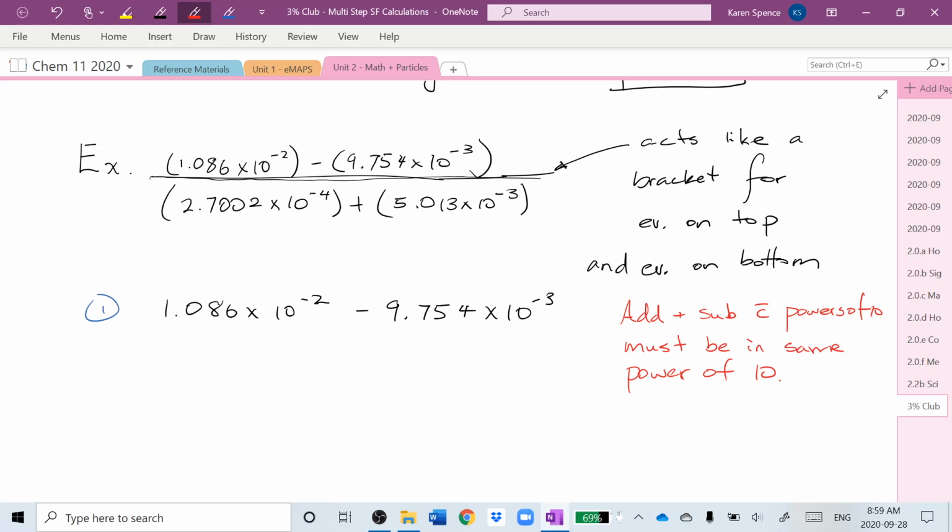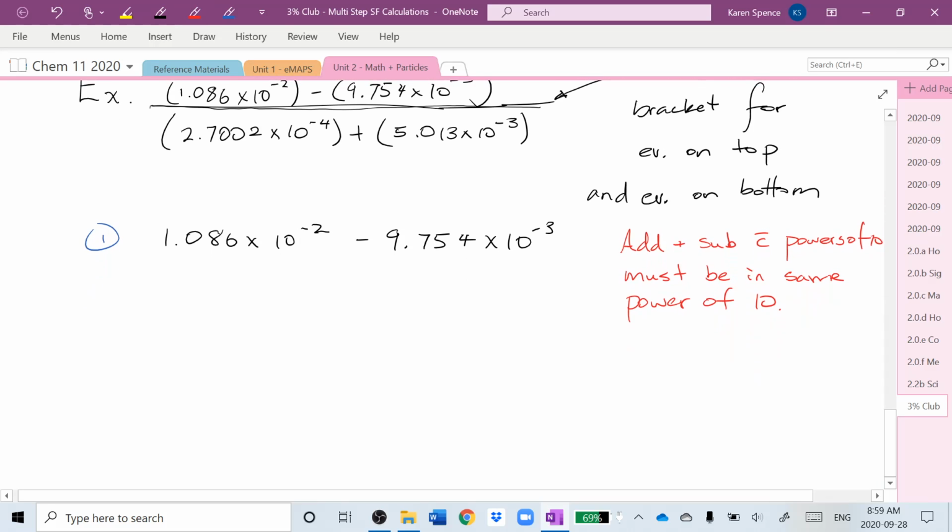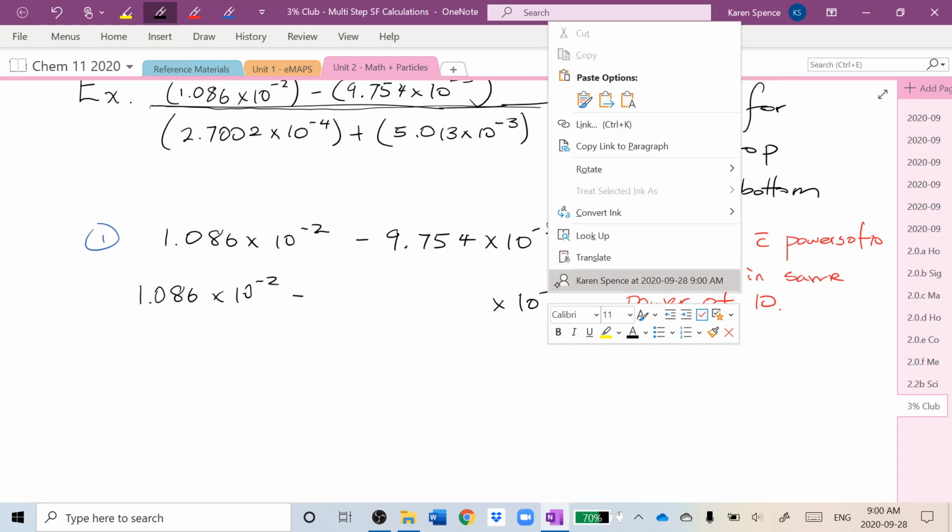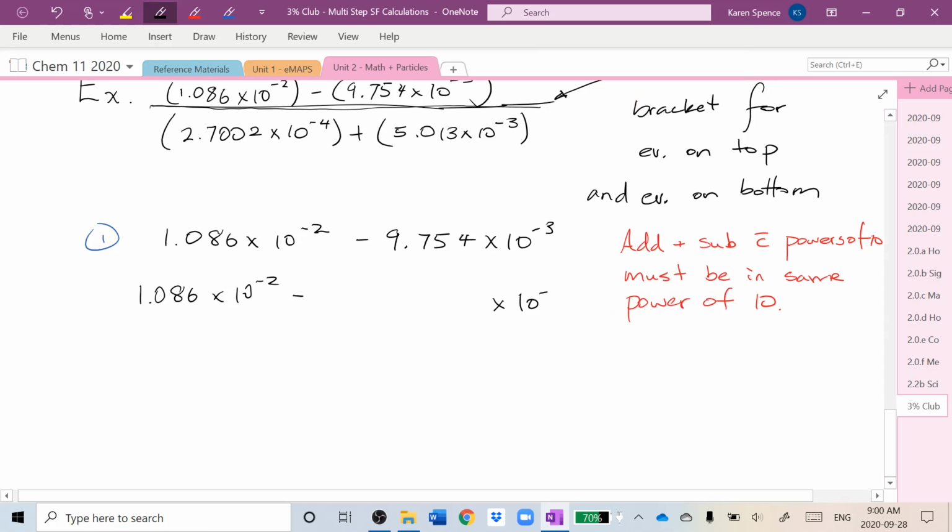Okay? Now I'm going to follow my general rule, which is to convert everything to the higher power. So I'm going to keep 1.086 times 10 to the negative 2. And I'm going to subtract. Now I want this to become times 10 to the negative 2.